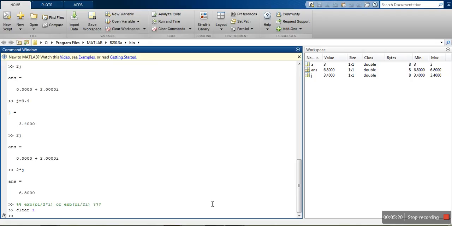First try to imagine what output this expression will give and what value it will give. After imagination, see what results it is giving.